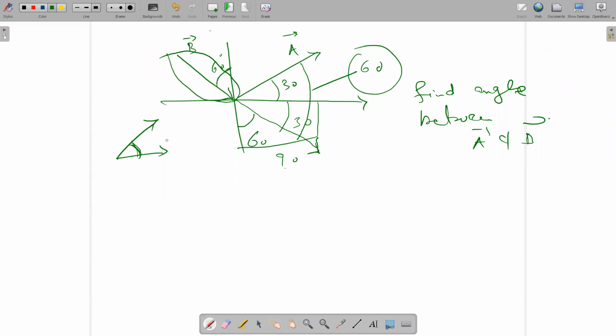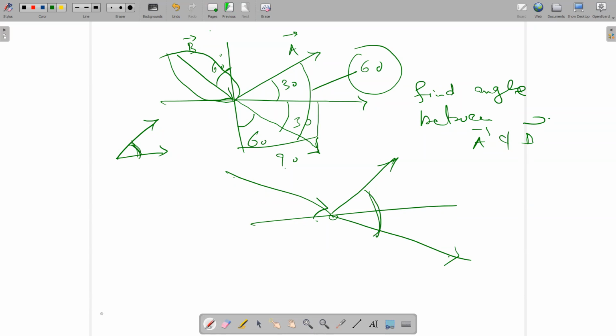So here the concept I want to give you is this one. If one vector is here and the other vector is here, how can you find the angle? You will shift this vector and put it here like this one, and then find this angle.